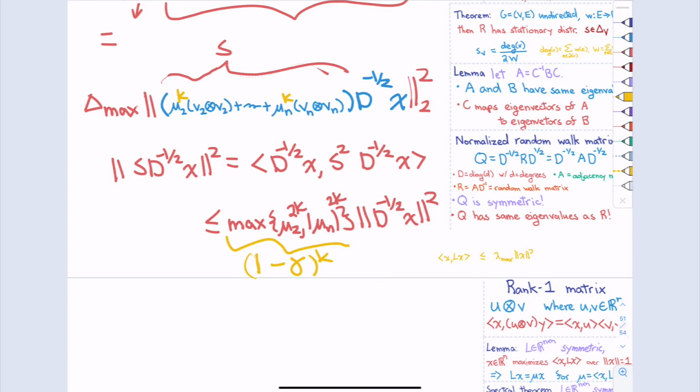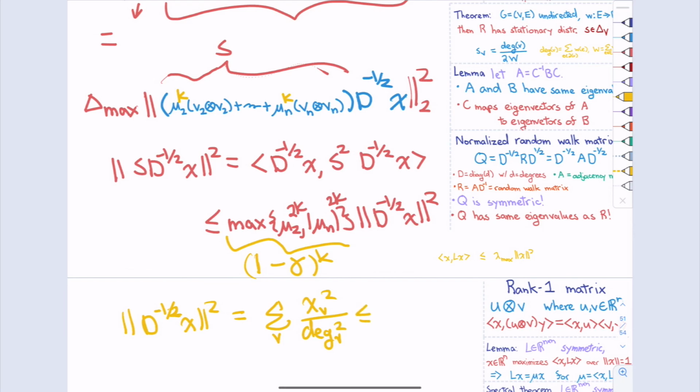All right, and then finally, d to the minus 1/2 x is going to be dividing... if I expand this out, this will be x_v squared divided by the degree of v squared, right?